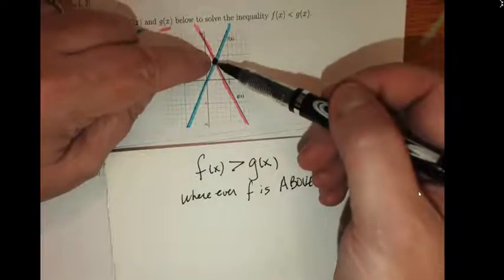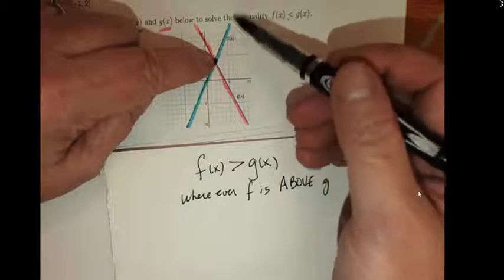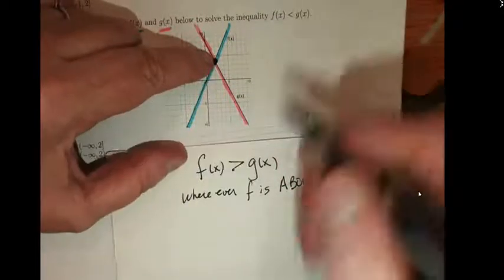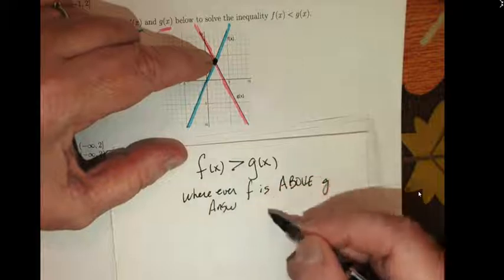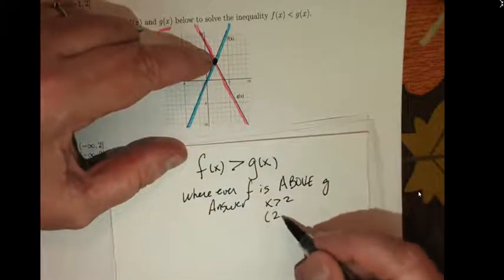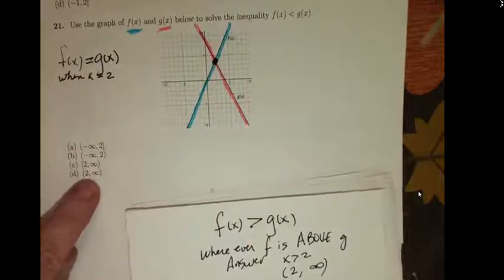Now, at their intersection point, they're the same, so blue is not above. So the blue, or f, will be above when x is bigger than 2. And so the answer is when x is bigger than 2, but in interval form, that's going to be that. So if it was with the arrow pointed that way, we would have looked for that.